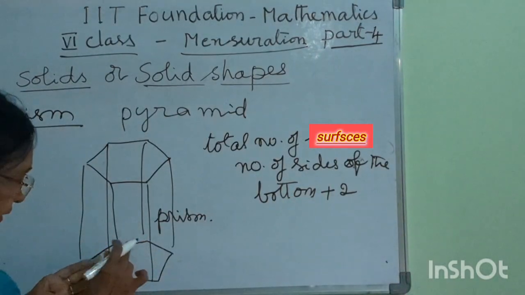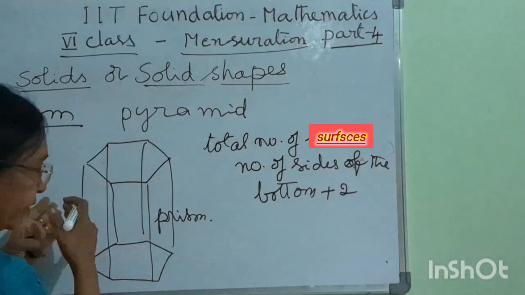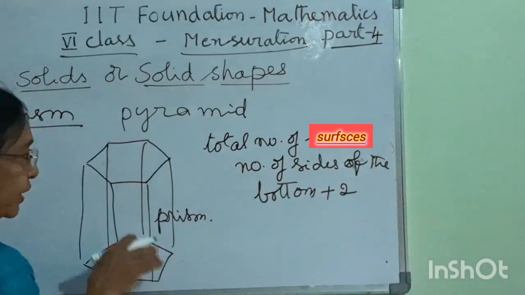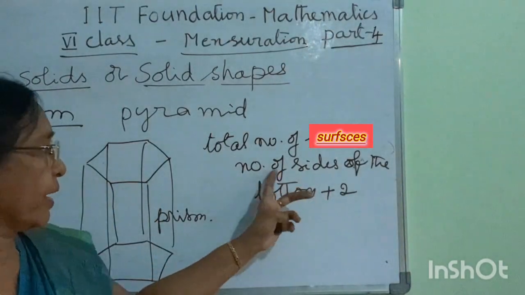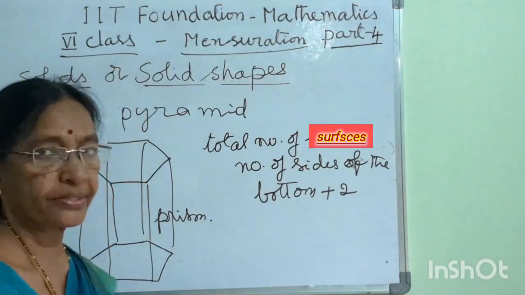Because here the number of sides is 6, laterally there are 6 sides. Then bottom and top are 2. So number of sides plus 2 is the total number of sides.